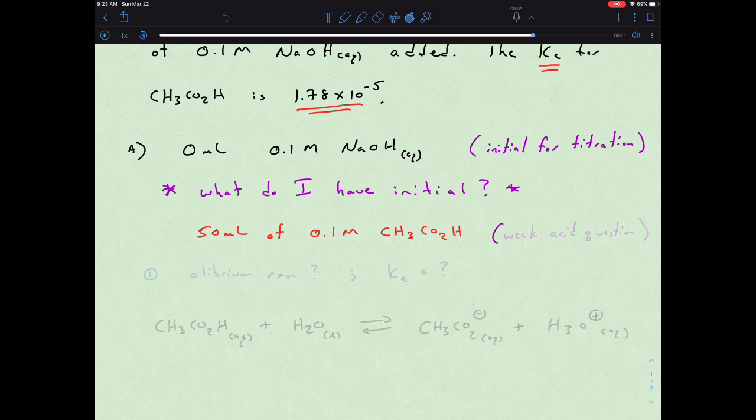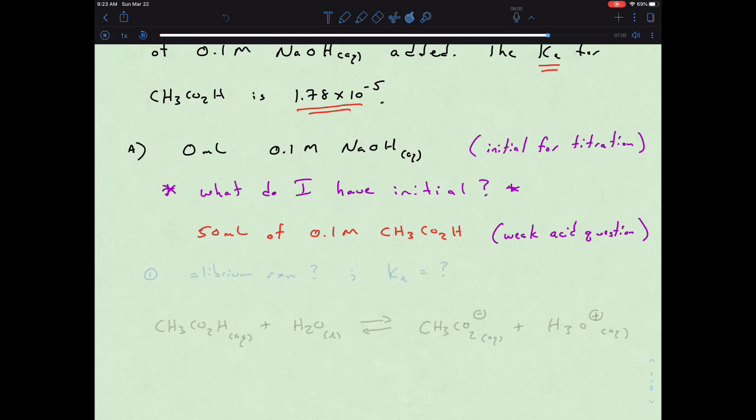So this is really just a weak acid question with regards to our pH. Right, all we have is acetic acid. It's a weak acid because of Ka.